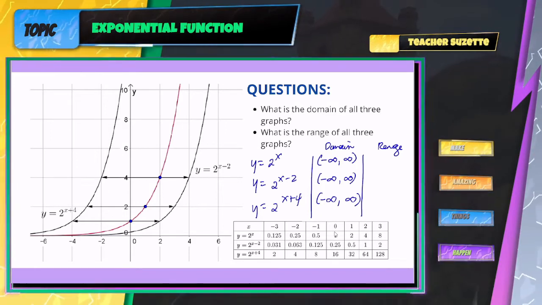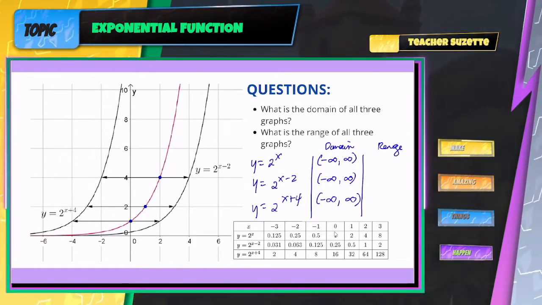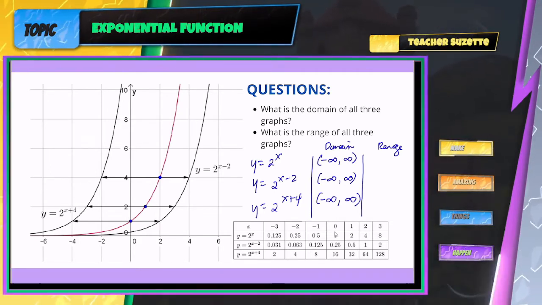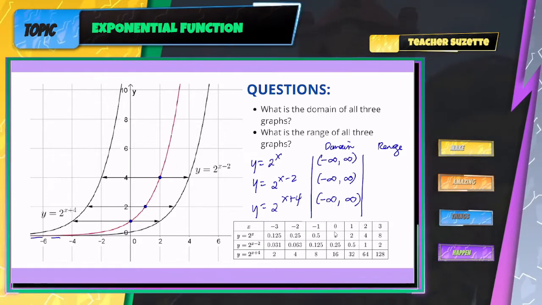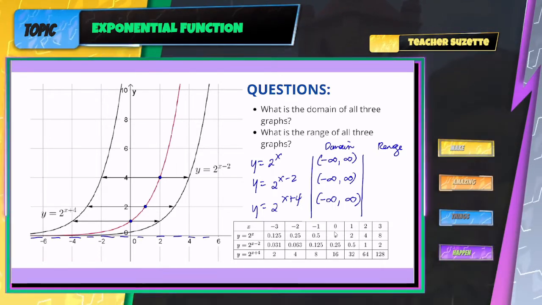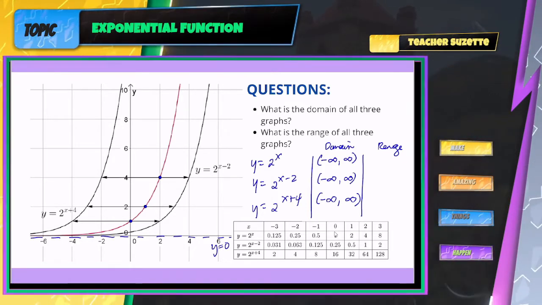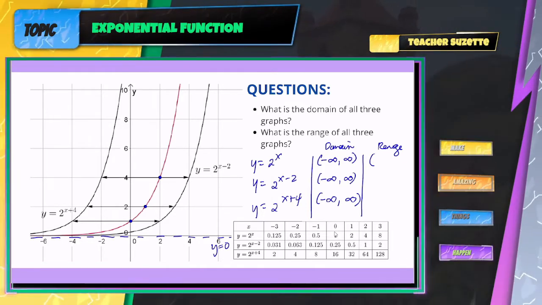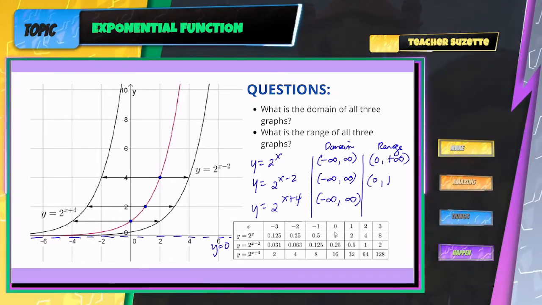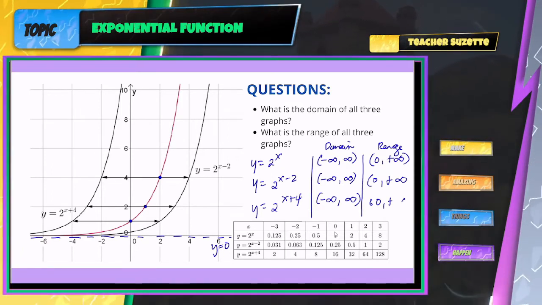For the range naman, base dun sa ating kaninang horizontal asymptote, our horizontal asymptote is y is equal to 0. So obviously rin naman sa behavior ng ating graph, your graph approaches y is equal to 0. So our range is from 0 to positive infinity. So this is applicable to all of our graphs.